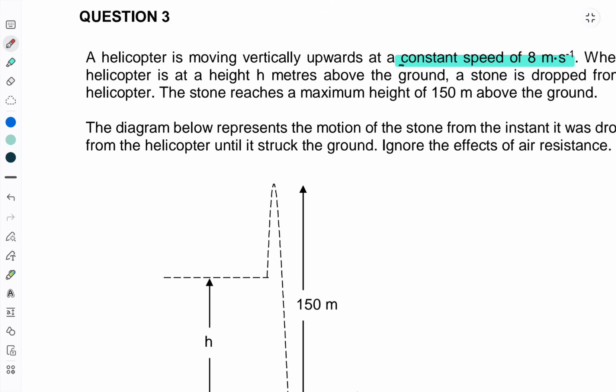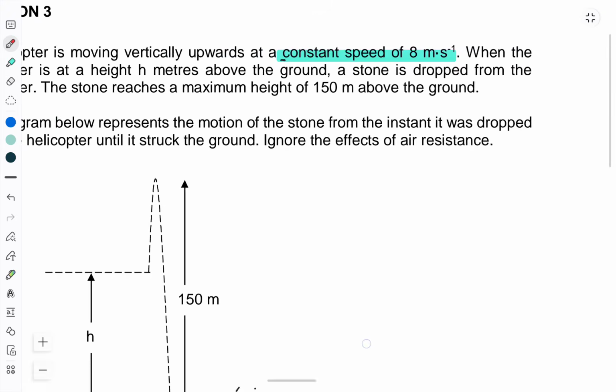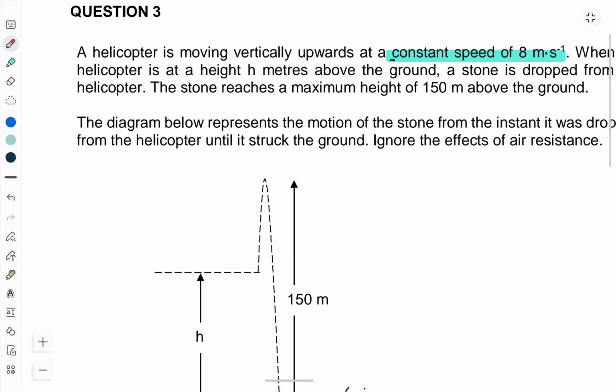So what that means is, if I release the stone, because the stone is just dropped, it is not thrown, initially, before it moves down, the stone will travel at 8 meters per second up, and then it will run out of momentum, and then it will start falling down. Momentarily though, it will go up using that speed of 8 meters per second.